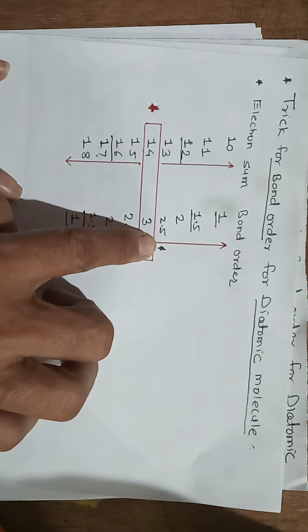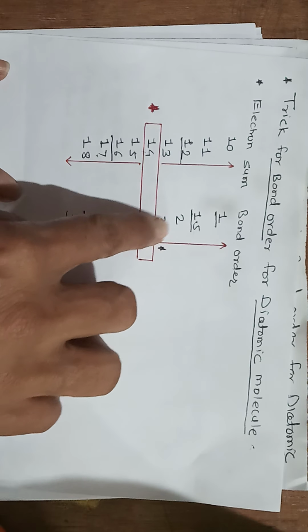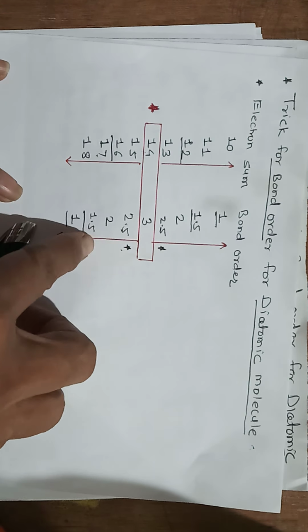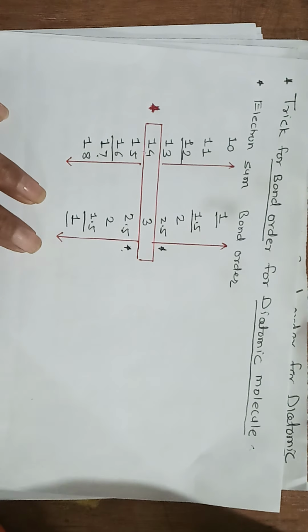And if you go to the upper side or lower side, the bond order goes 3, 2.5, 2, 1.5 and 1. So by using this simple trick, it's possible to solve numericals on bond order. Okay, thank you.